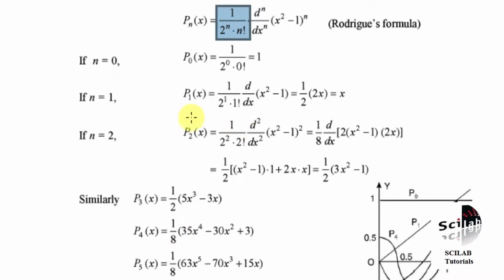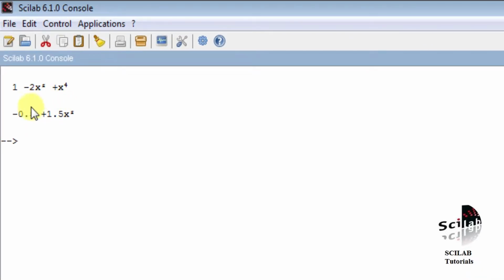So we will look at this book and we can see P2 is nothing but 3x square minus 1 divided by 2, which is 1.5 x square minus 0.5, and what we are getting is 1.5 x square minus 0.5, which is exactly the same. So what we have done is we are able to generate the expression of nth order Legendre polynomials in terms of x by using the Rodrigues formula in Scilab. This functionality is not directly available in Scilab, but we can do it by writing this code.